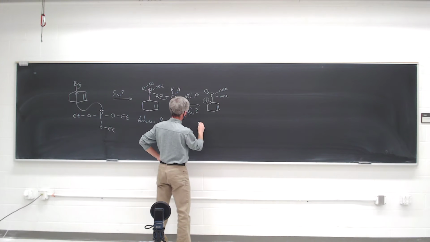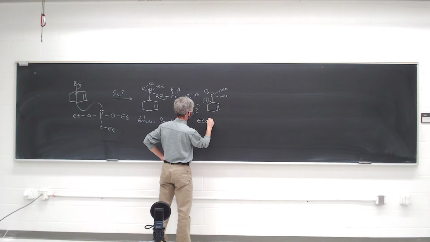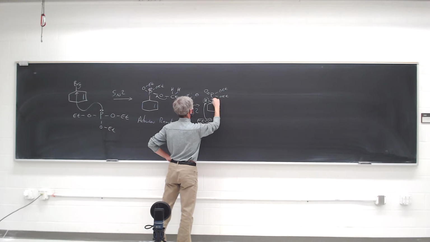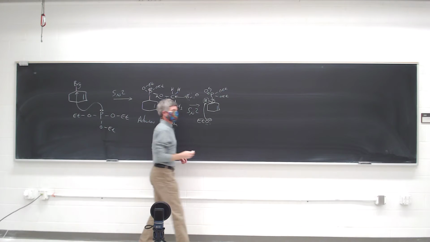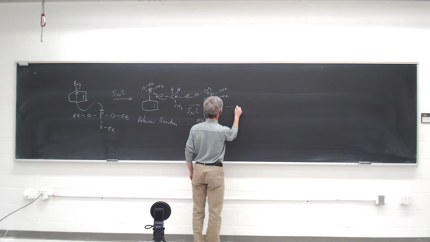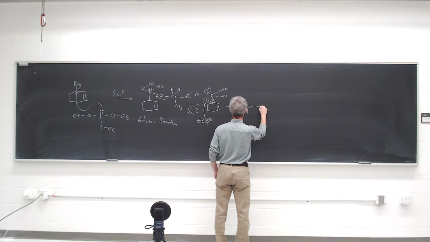So we're going to take that off, and we can do that with the relatively mild base, sodium methoxide. And let's push it onto the phosphorus, or the oxygen attached to the phosphorus, because that's going to be the most stable of the resonance structures.